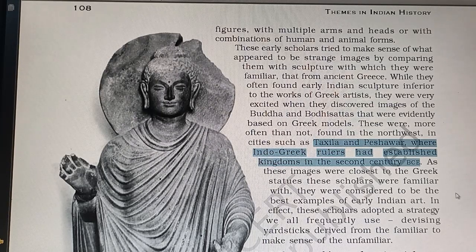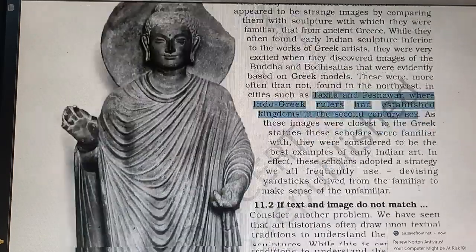So this became the best example of early Indian art. So this is how historians tried to understand the sculptures. The first way is by comparing with the familiar ancient Greek style.